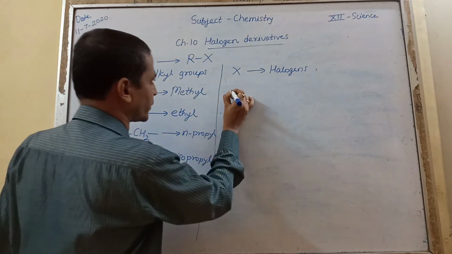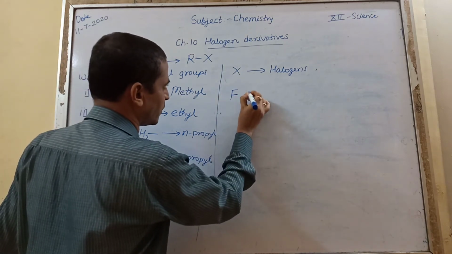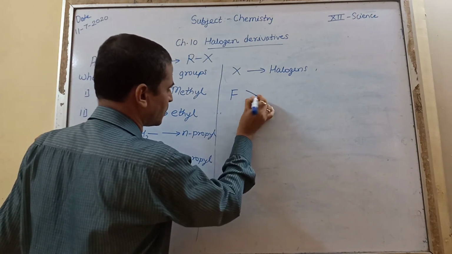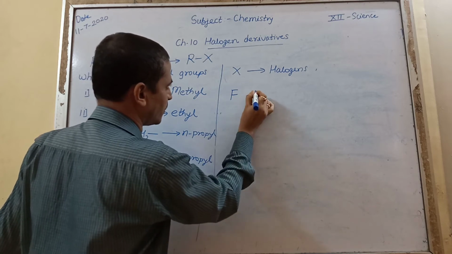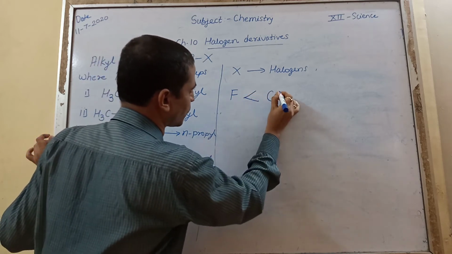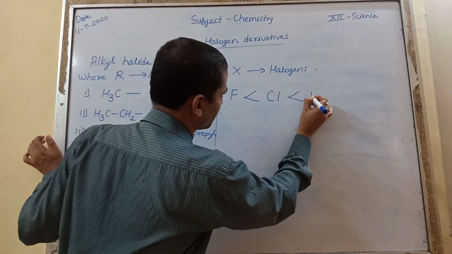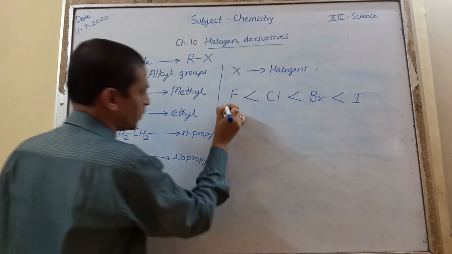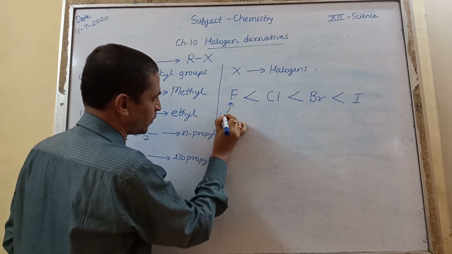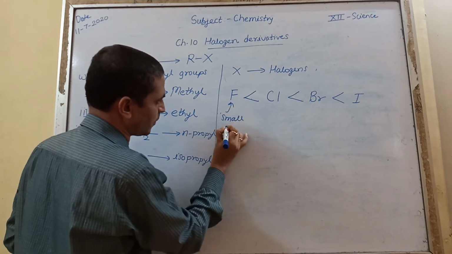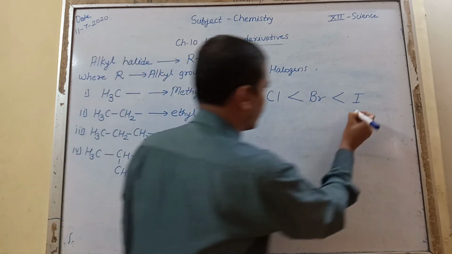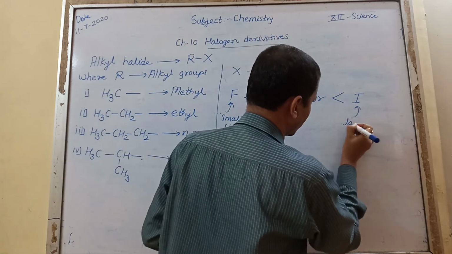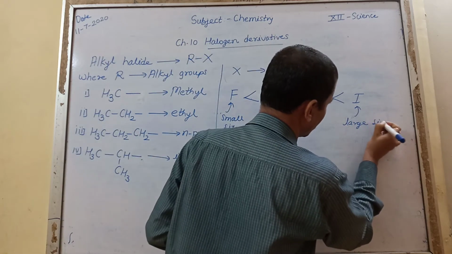Now come to halogens. Fluorine, then chlorine, bromine, and iodine. See, fluorine has small size and iodine has large size. You note this point.